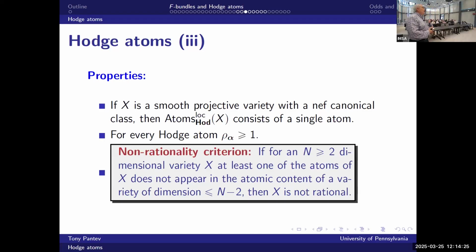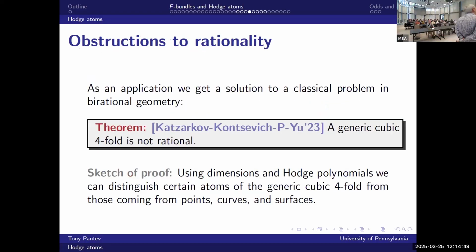Then, if you have an atom that does not appear in the atomic content of a variety of dimension at least 2 less, then X cannot be rational. Because in the Bohr, all those guys should be. And when you're starting with the projective space, all the atoms are just Bohr. So that's the non-rationality criterion.